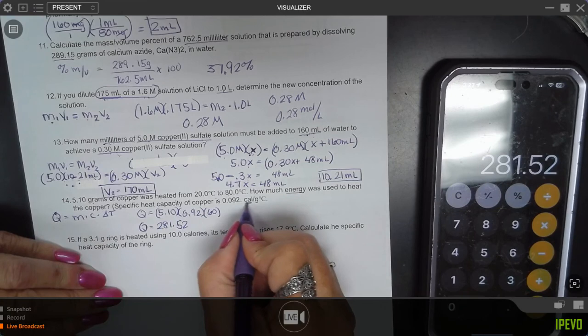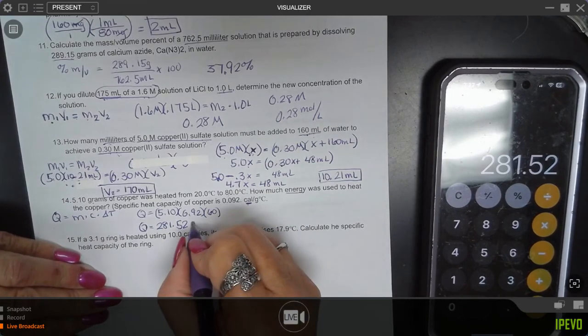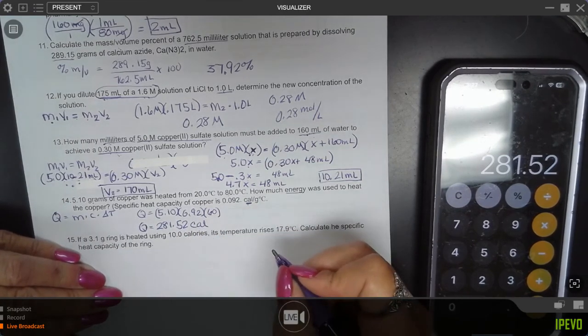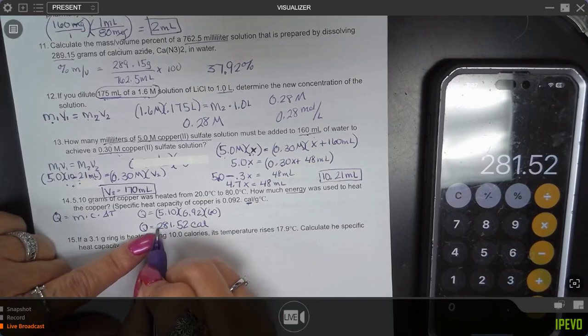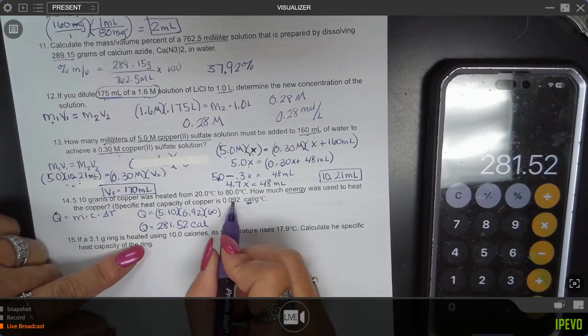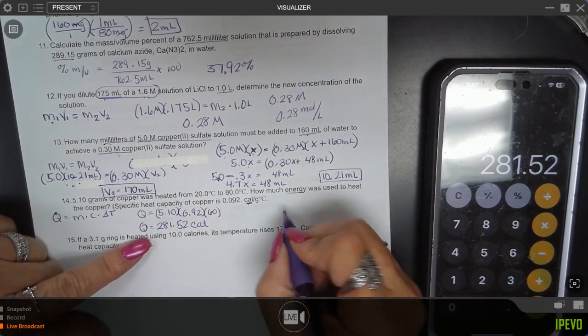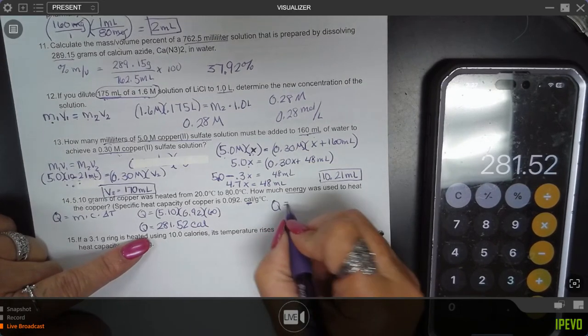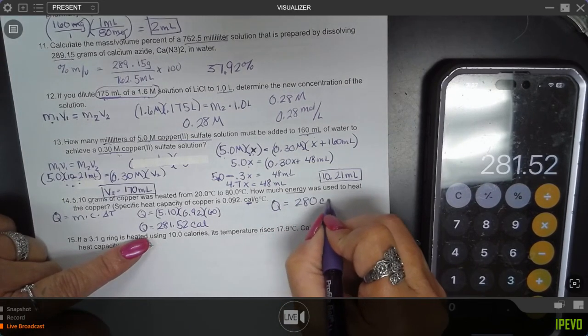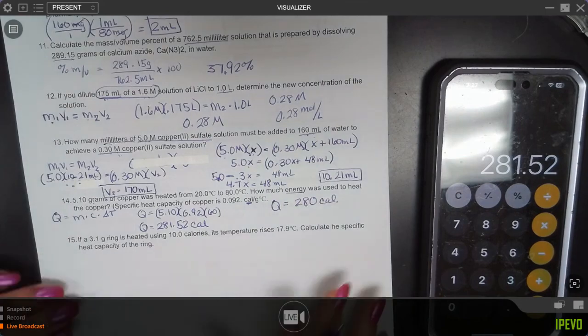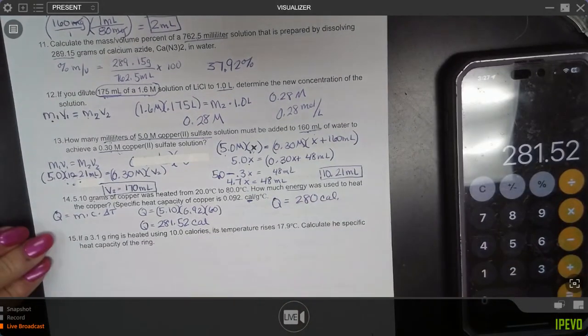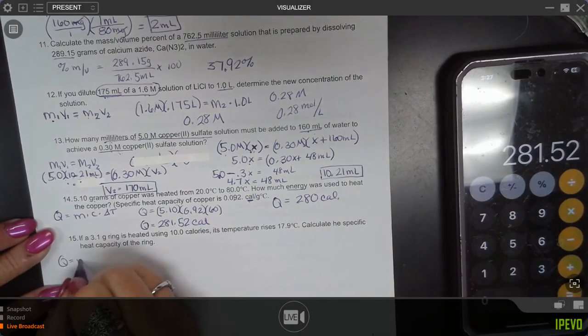This specific heat is in calories, so our energy is going to be in calories. Now, I think I've got way too many sig figs. Let's look. 2 sig figs is all I can have, so Q is going to be 280 calories.